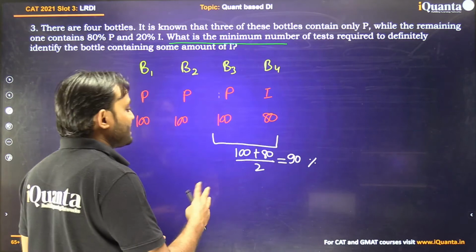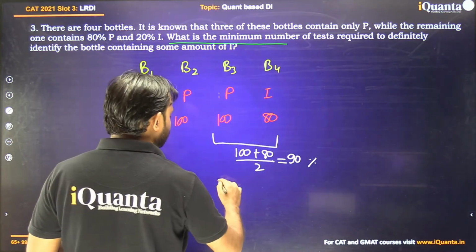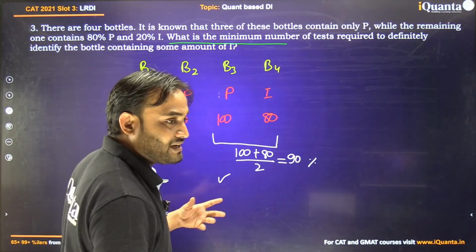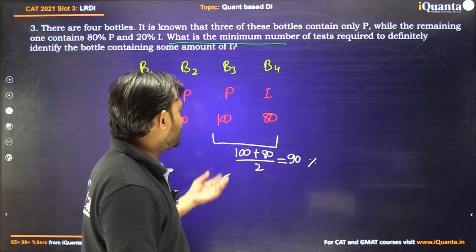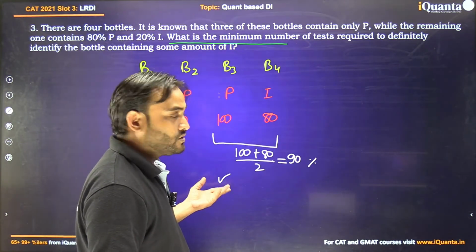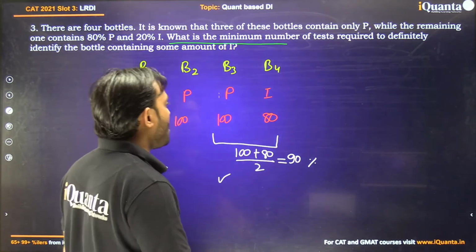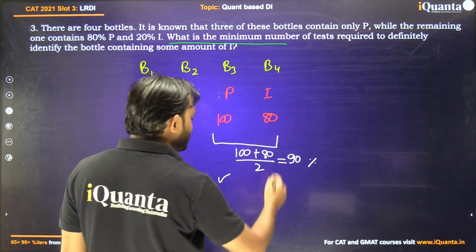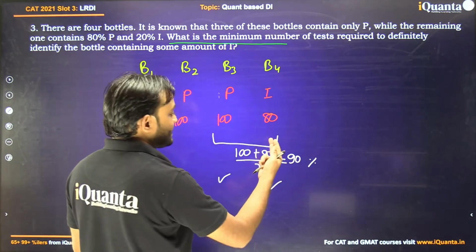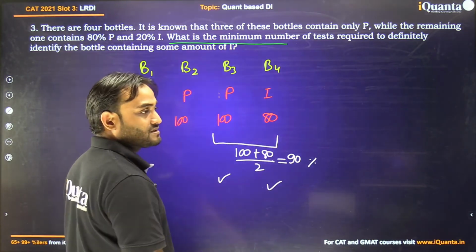Now we can test any of these 2, either B3. If we take B3 and test the liquid from it, it will tell us it's pure. Then we know that bottle 4 is impure. Or we can test B4 first, then it will tell us that bottle 4 is impure.